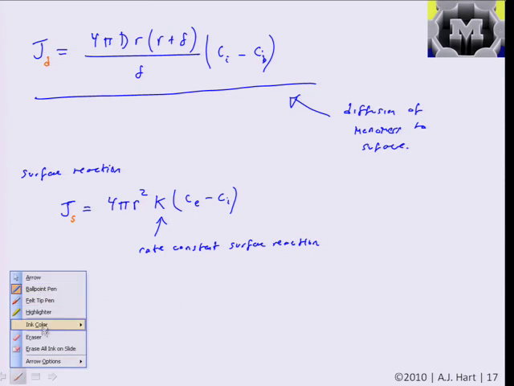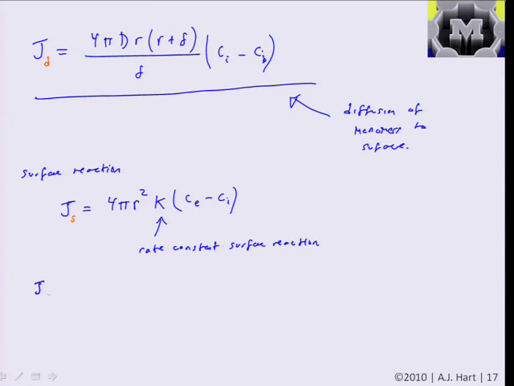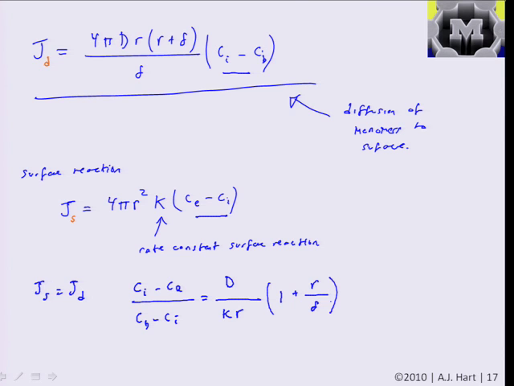And so if we set these two as equivalent, Js equals J sub d, and we then take a ratio of the concentration differences, we would end up with the result that Ci minus Ce divided by Cb minus Ci equals the diffusion coefficient divided by the reaction constant times R times the quantity 1 plus R divided by delta, which just comes from dividing this expression here by r squared.